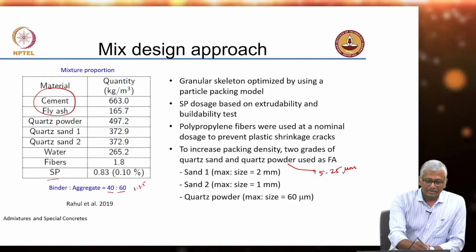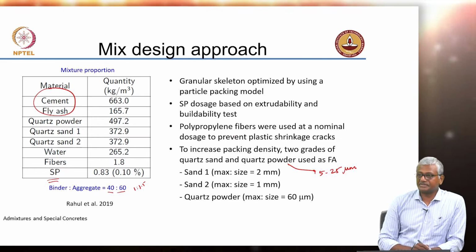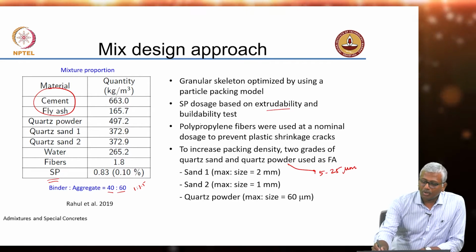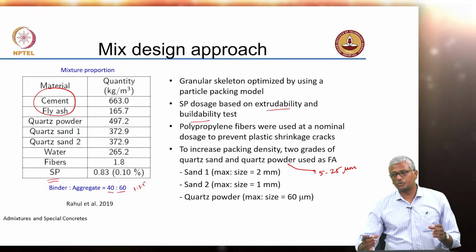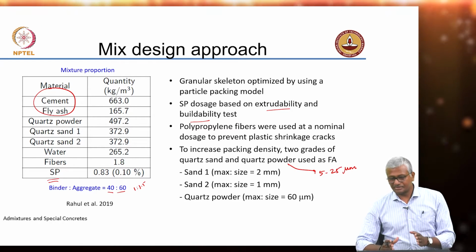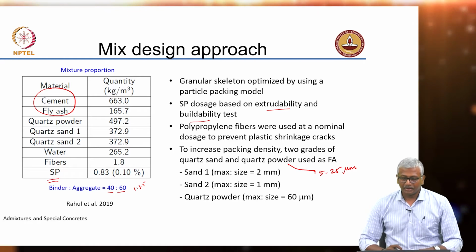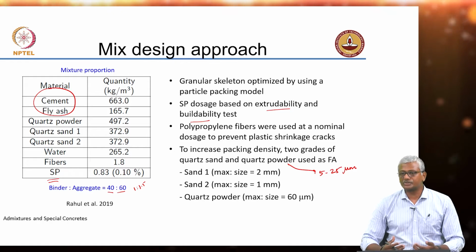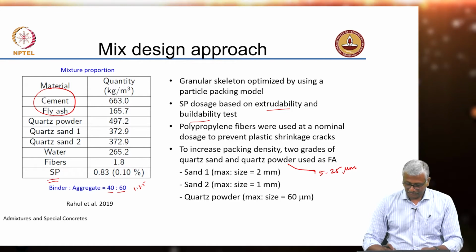And the superplasticizer was a polycarboxylate ether based, PCE based superplasticizer, and this was determined based on what mix gave a good extrudability and buildability. The mix was able to extrude well, so we fixed the superplasticizer dosage at 0.1% by weight of the cementitious materials. And the aggregate packing was optimized by using the granular packing model, which we have discussed previously.